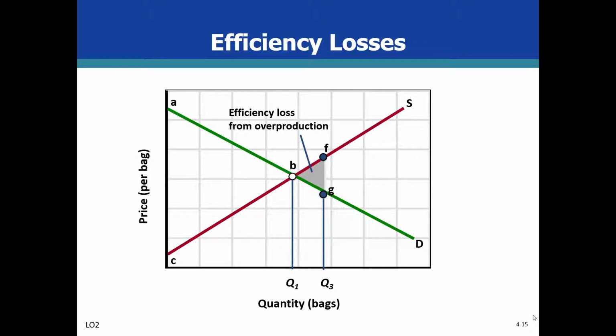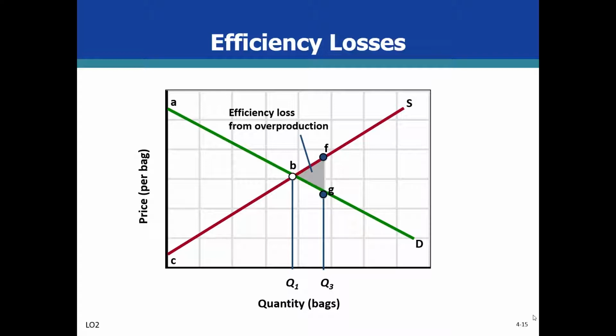Conclusion: the equilibrium point maximizes the surplus shared by consumers and producers and allocates resources efficiently. So when you look at demand and supply curves in a competitive market, I want you to now think about the equilibrium, the price clearing point.